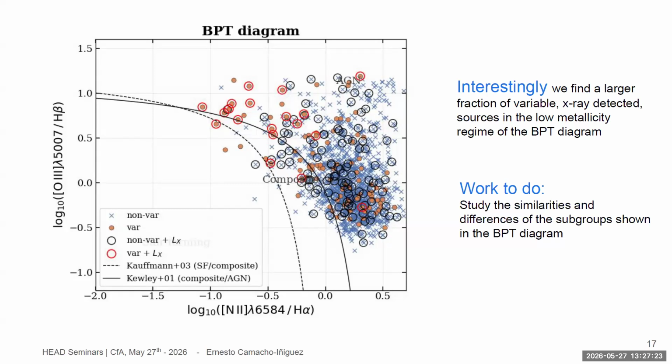Later we added some sources from eROSITA, but eROSITA is not really deep, and it's only half of the sky, the southern half, which doesn't really correspond to the coverage of SDSS. So there might be a lot of selection that plays a role here. This 80% non-detection in X-ray doesn't mean that there's no X-ray. Sometimes it means that there's no observations.